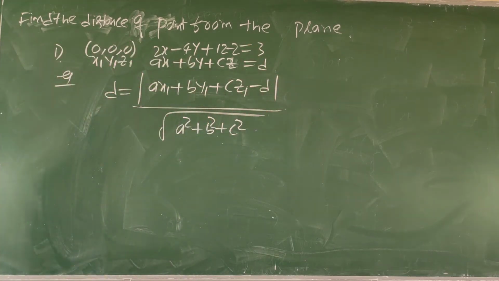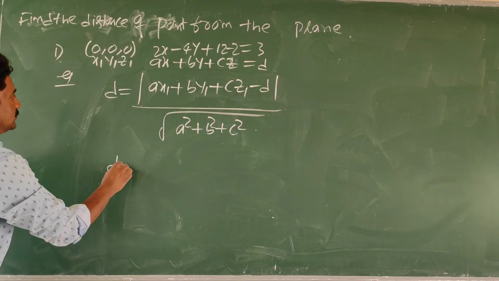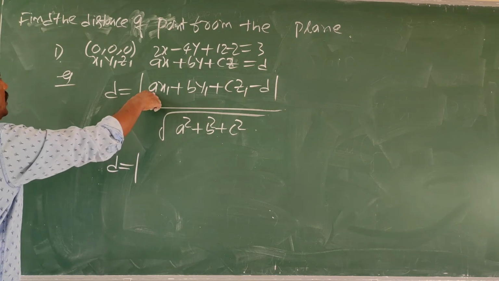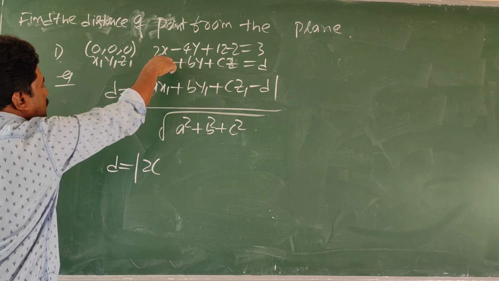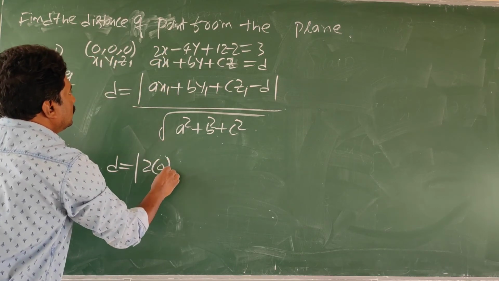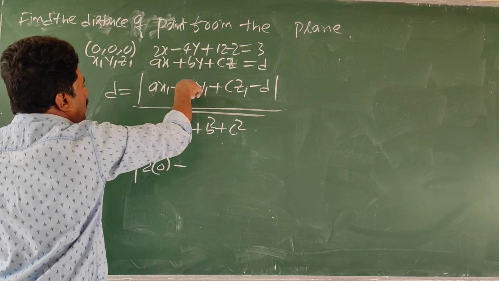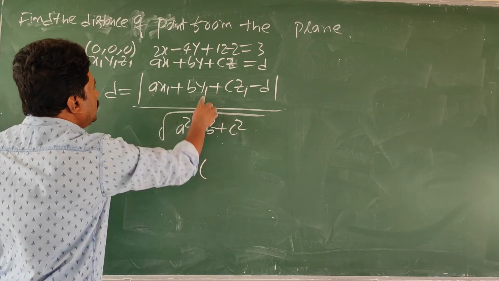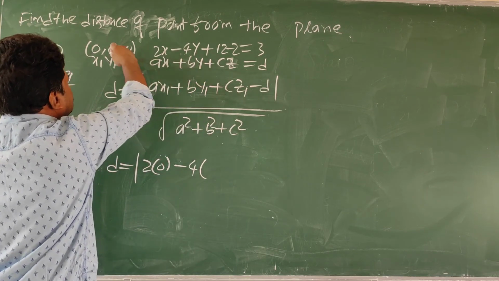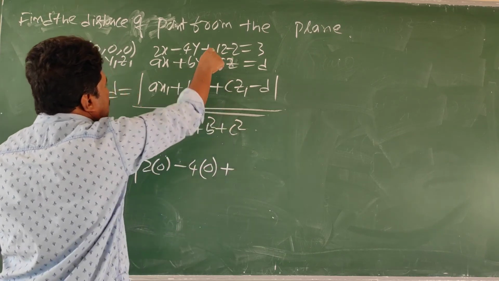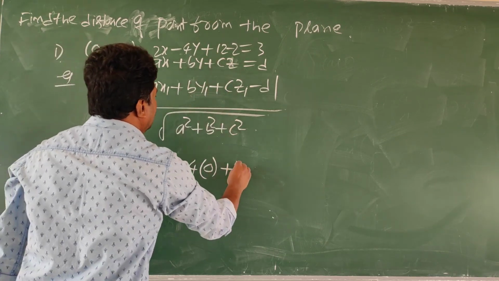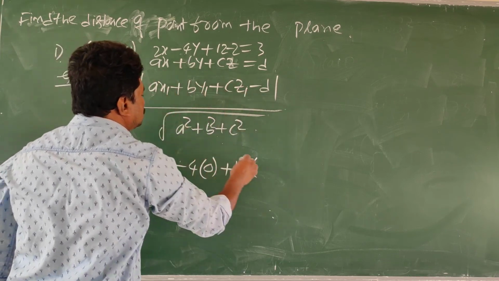Substitute, students. A is 2, x1 is 0, plus b is minus 4 into y1 is 0, plus c is 12, z1 is 0.